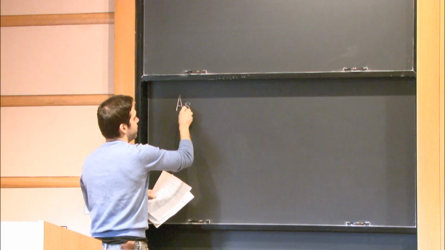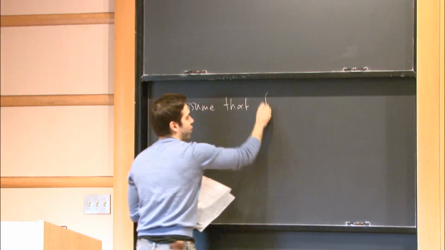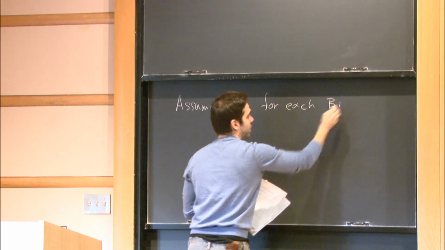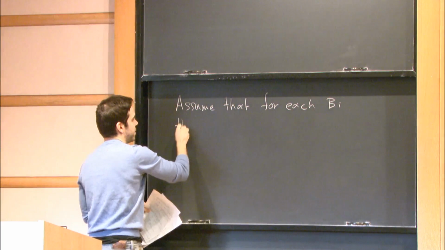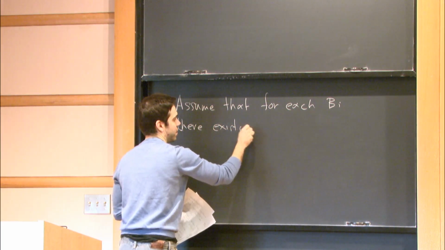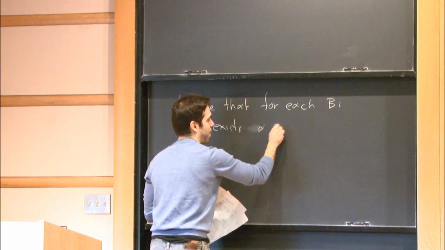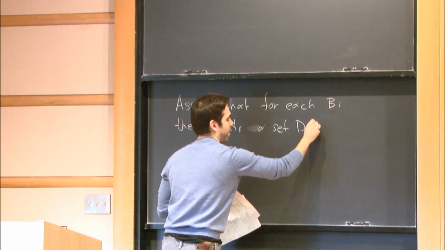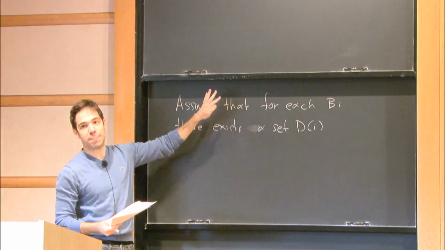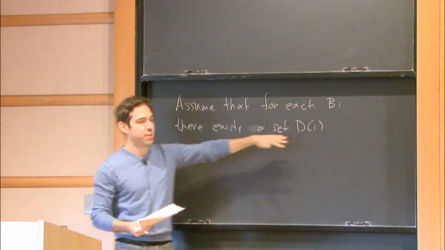So assume that for each bad event there exists a set D_i. For each bad event, basically we want it to be mutually independent from all but very few bad events that are contained in this set.